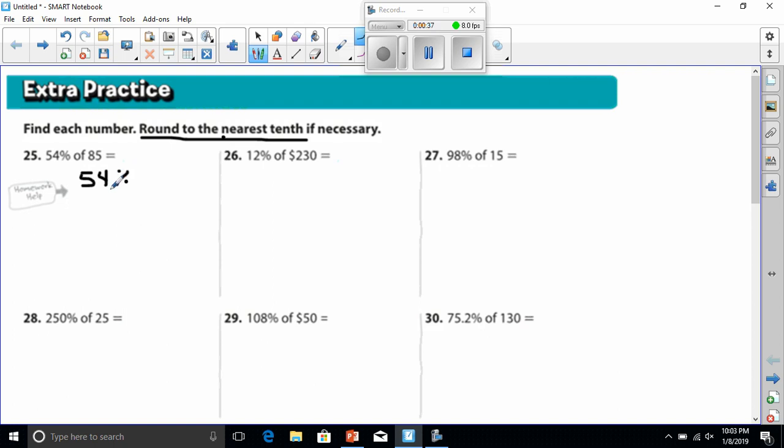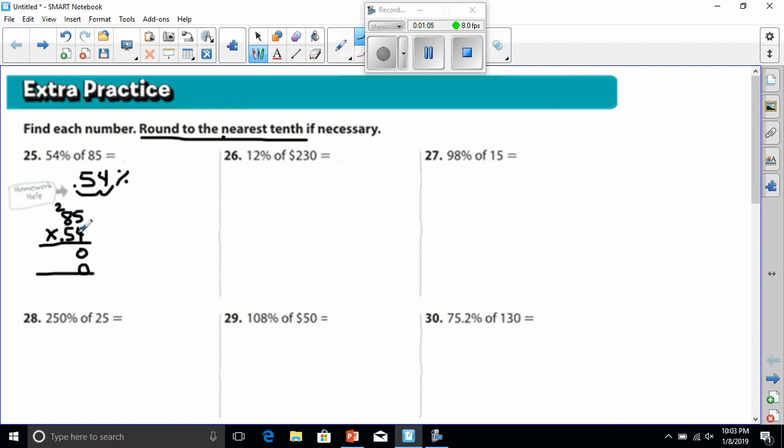We're moving the decimal over 2 spaces, so it becomes 0.54. And now we have 85 times 0.54. If we work this, we'll see that we have 5 times 4 is 20.